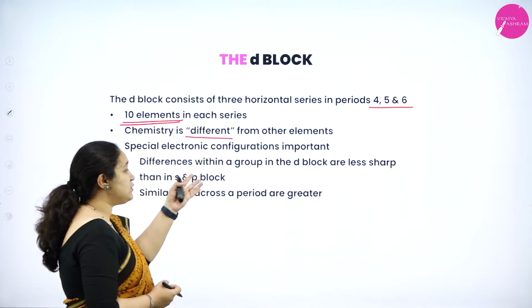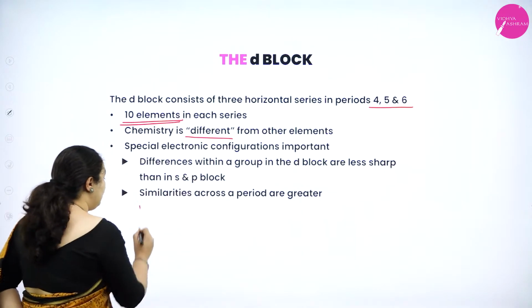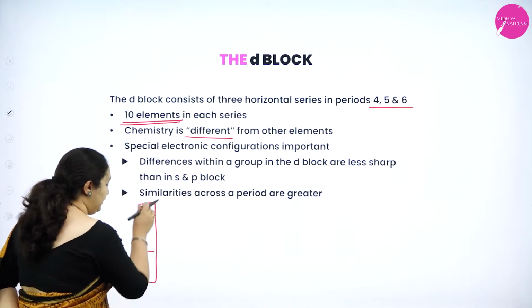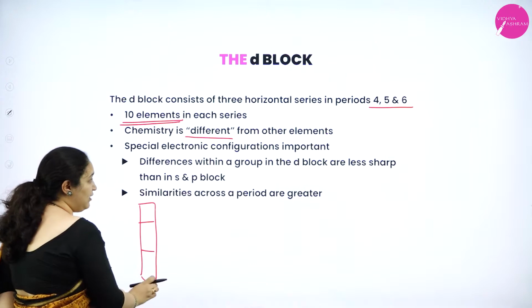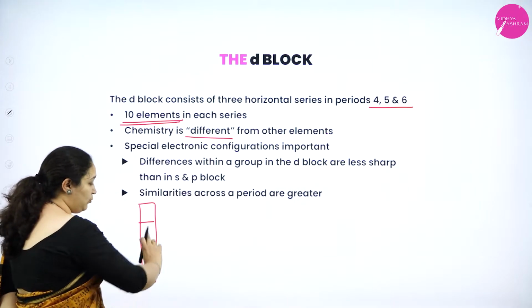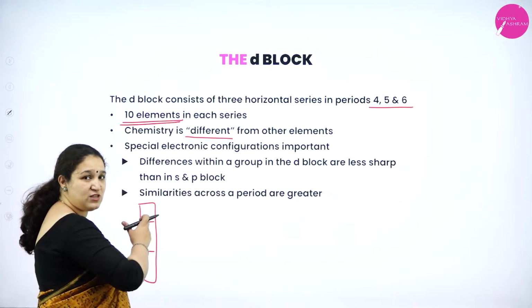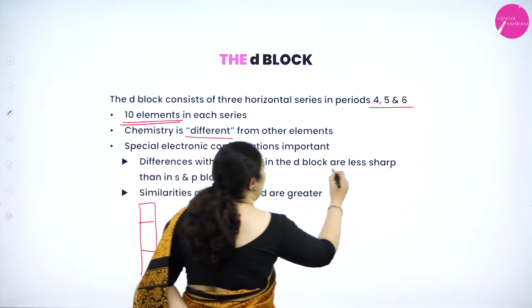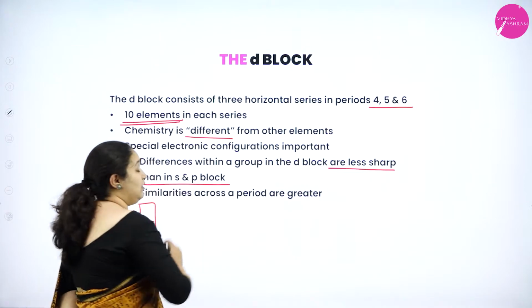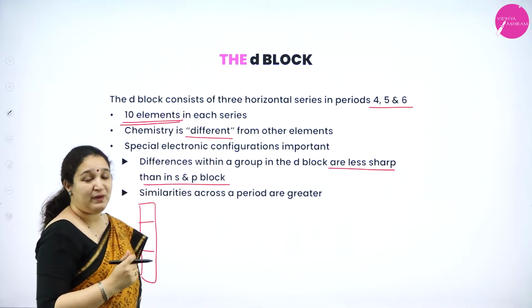Also, difference within a group. That means if this is the element in a particular group 3, the differences between all the 3 elements, if you see, are not very sharp. It is less sharp compared to S block or P block elements.